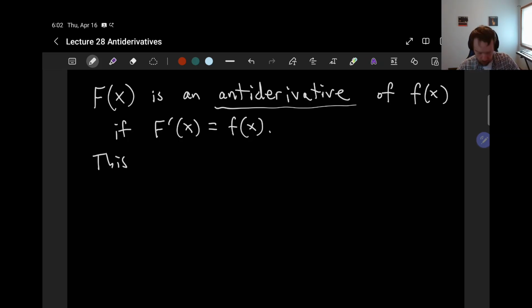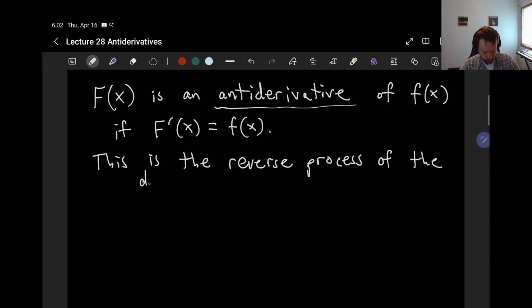So really, this is the reverse process of the derivative. Right? Because the derivative of capital F is little f. So that means capital F is the opposite of the derivative, the reverse of the derivative of little f. So we say the antiderivative.